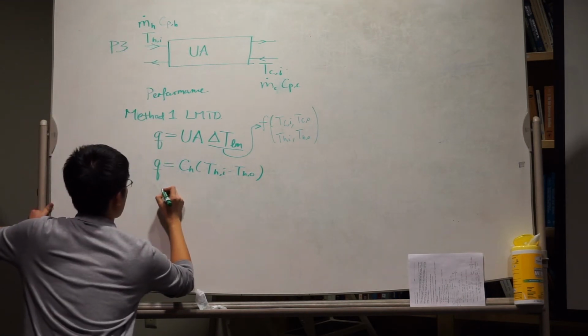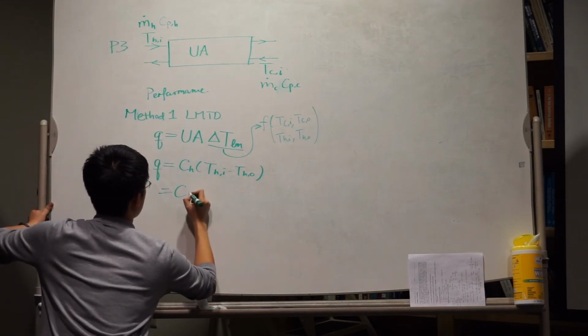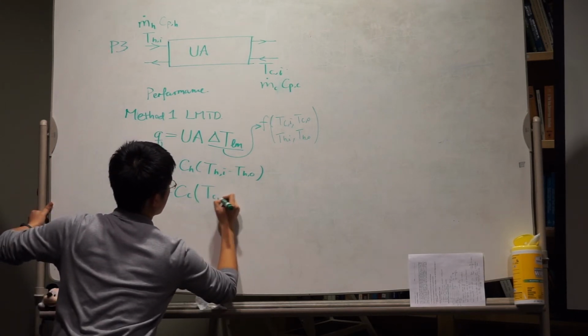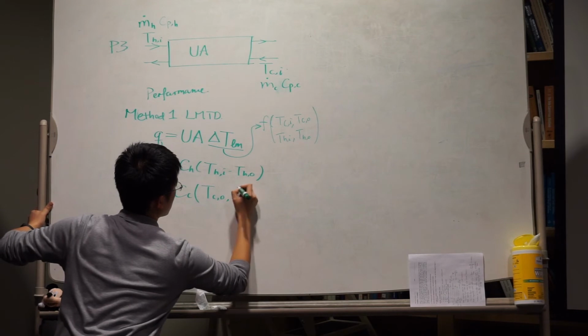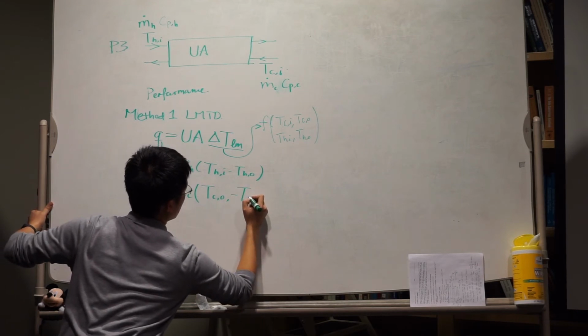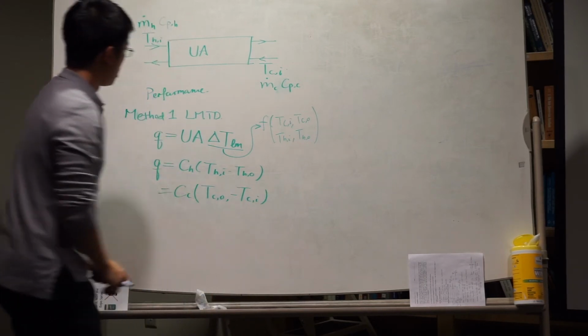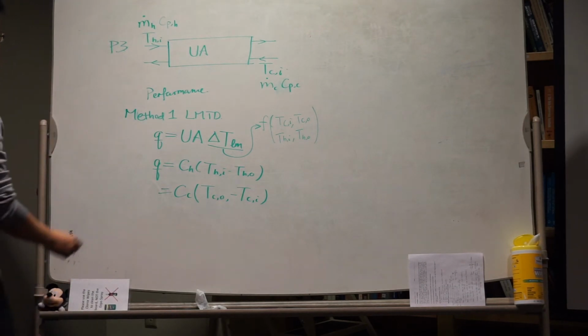This also equals how much heat is gained on the cold side, which is the heat capacity rate times T cold out, the temperature at the outlet, minus the temperature on the cold side inlet. So 3 equations.